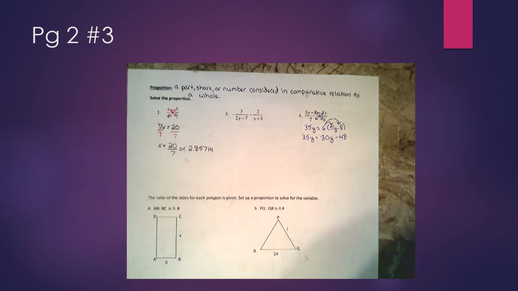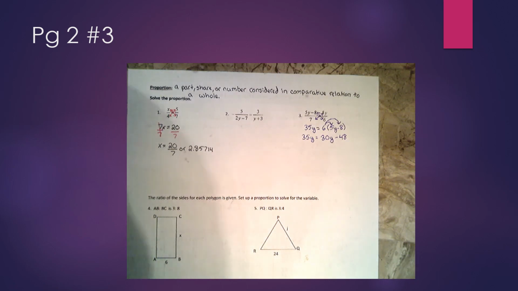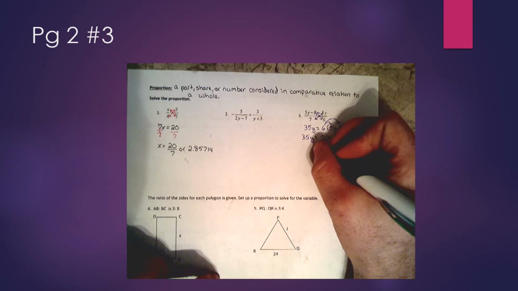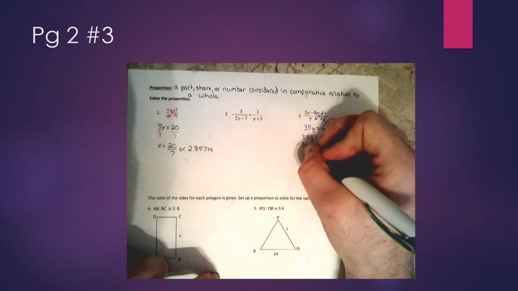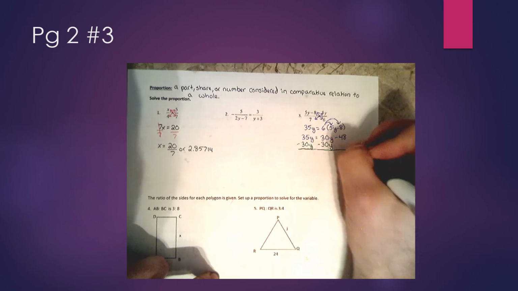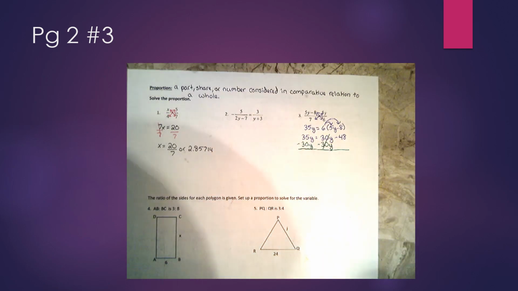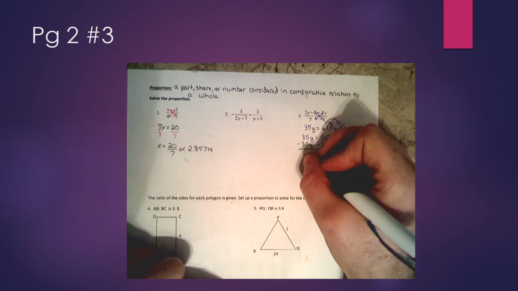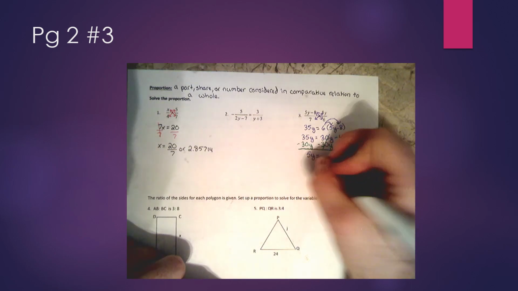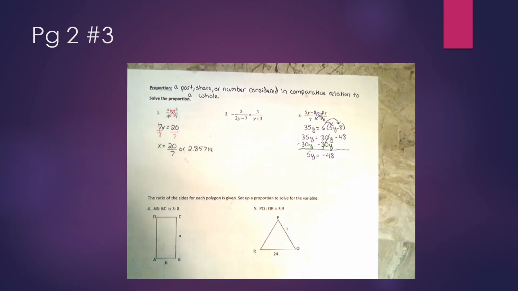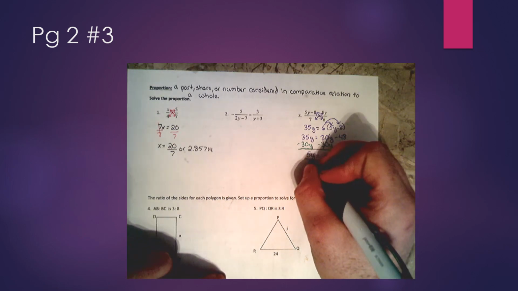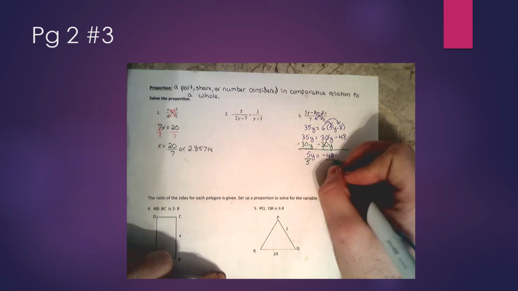Now I want to get all the variables to one side. So what I am going to do is subtract 30y from both sides of the equal sign so that it cancels out over here, which makes it so I have 5y equals negative 48. Now I want to get y by itself, so what I'm going to do is divide by 5.